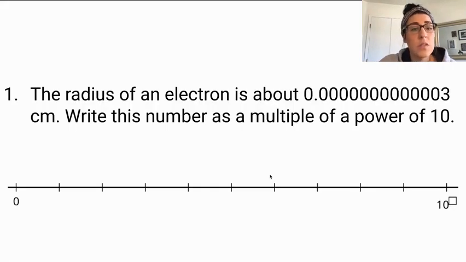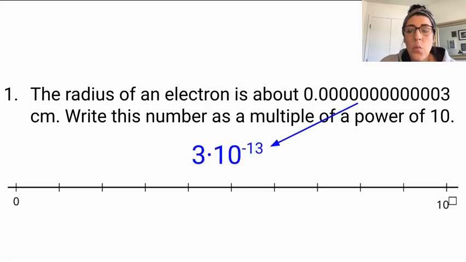Okay, so this first one talks about the radius of an electron. It gives you its value in centimeters. First thing we need to do is rewrite this. So we can think of this as 3 times 10 to the negative 13. Now we have to think about how to represent this on the number line. So we know we have to place that 3 times 10 to the negative 13 somewhere on one of those tick marks, which means we really need to determine what that last value is and how we're breaking it apart into 10 parts.